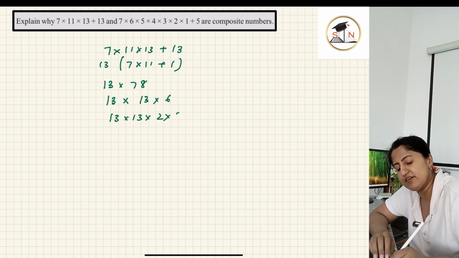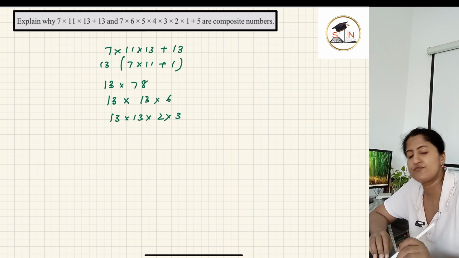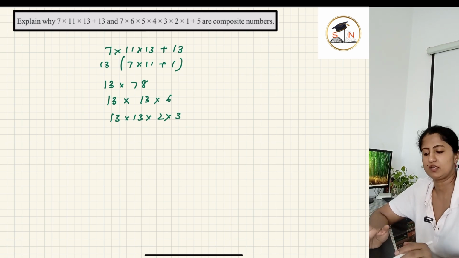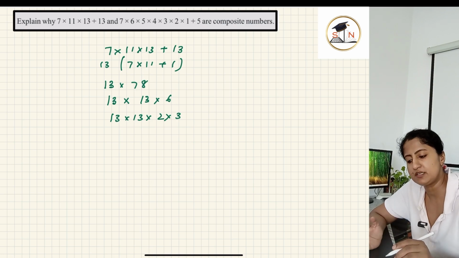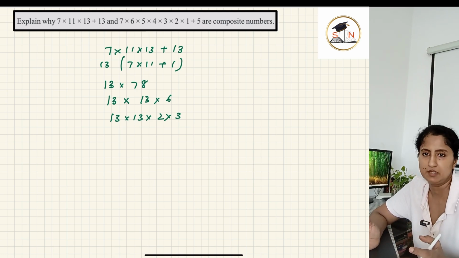Now, what do we see? We have got so many prime factors over here, right? When we have so many prime factors, that results in a composite number. And remember, the fundamental theorem was already talking about composite numbers, right?